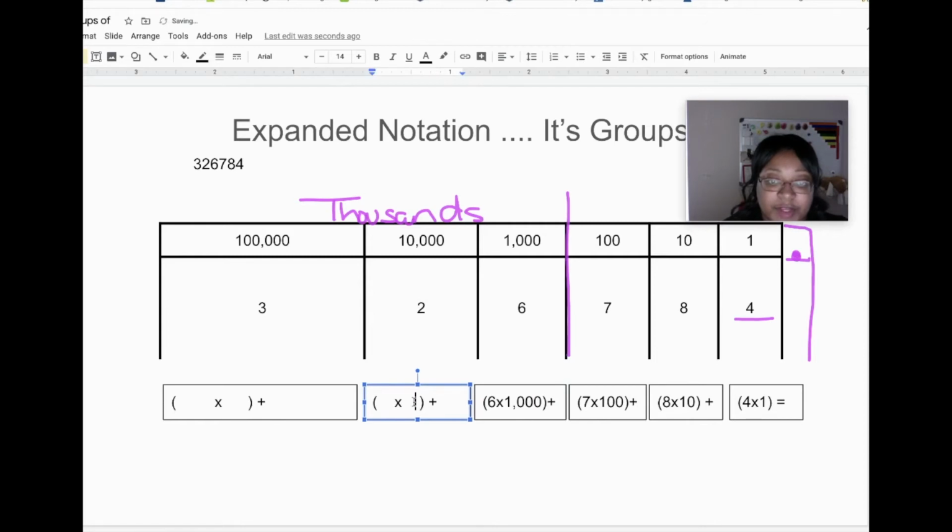All right, how many groups here? 2 groups of 10,000. And the last one is 3 groups of 100,000.